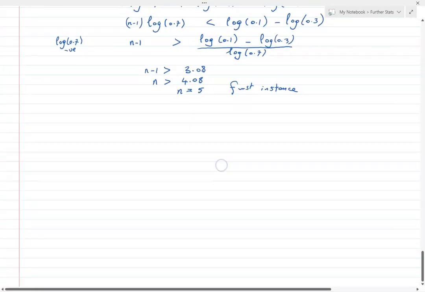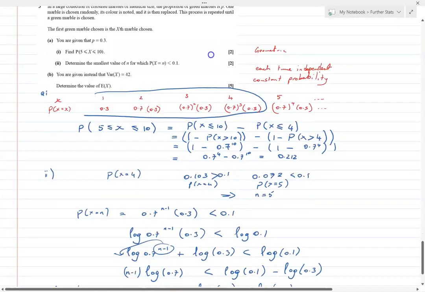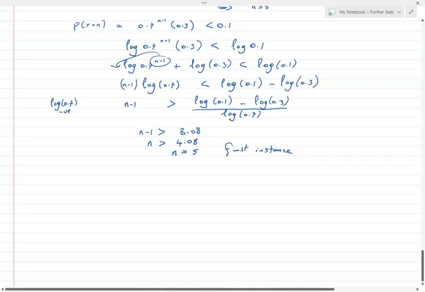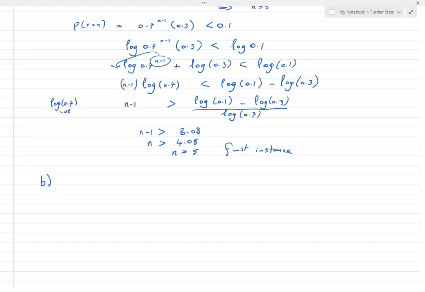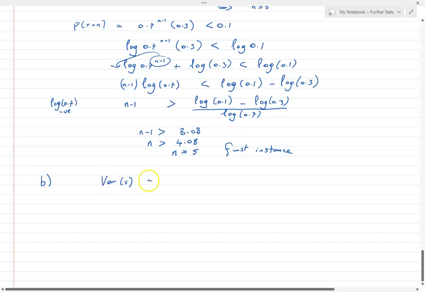So 5 marks, 5 nice easy marks in my view. So we're given in the formula book what the variance of a geometric distribution is. So we've got var x for a geometric is equal to 1 minus p over p squared. And we're told that that equals 42.